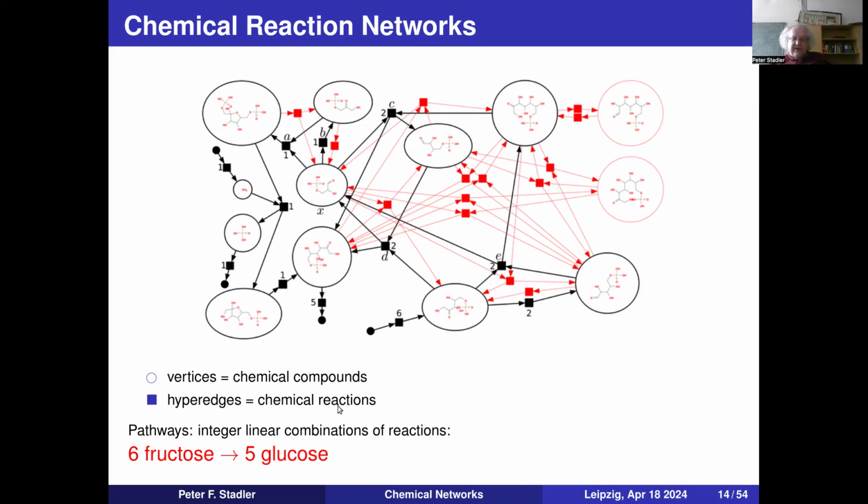Here is my output reaction. Can I get 6 copies of glucose? And in this case, I get a particular integer flow, or actually integer hyperflow, in this reaction network as a solution. So this is the kind of stuff that you can ask at the level of this stoichiometric matrix.